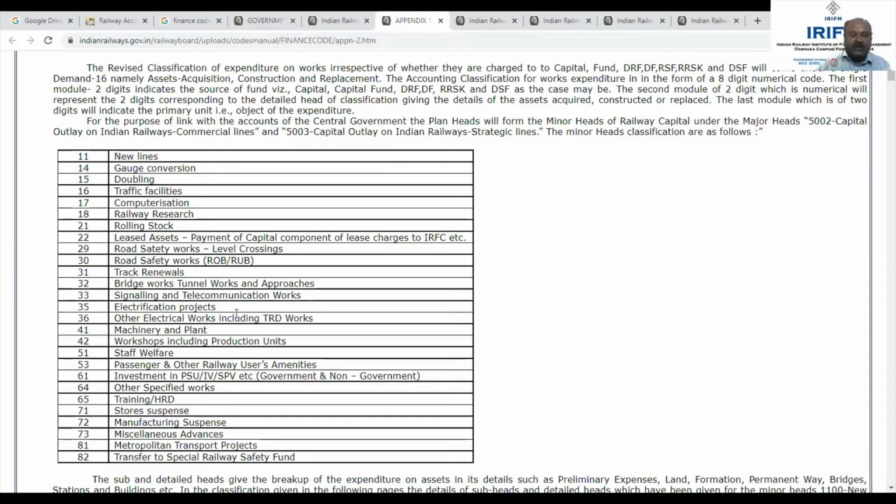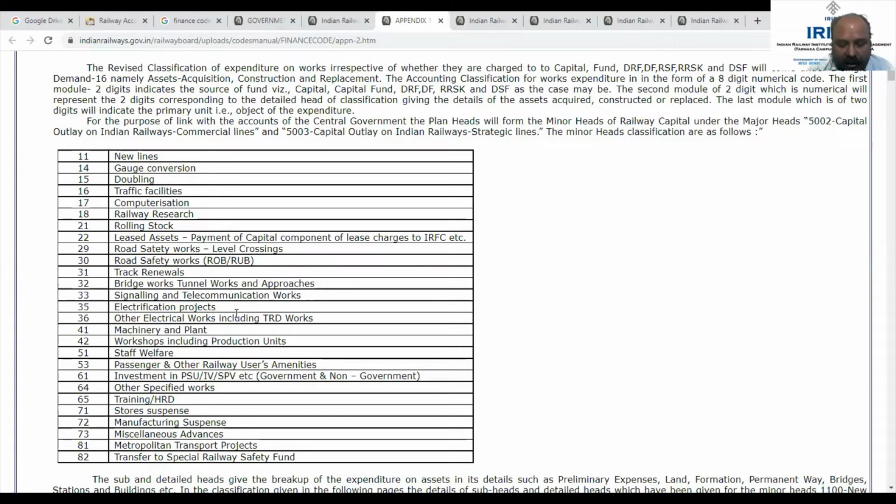And 65 is only for training or HRD, creation of training institutes. 71 has three suspense heads: capital suspense, that is stores, manufacturing and MSC. Out of 71, 72 and 73, 71 and 72 are very, very important.